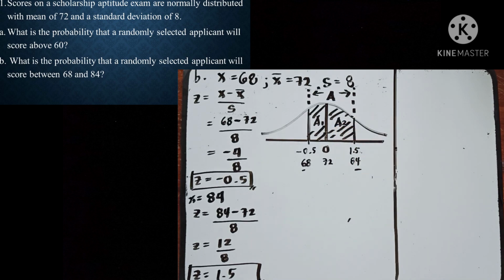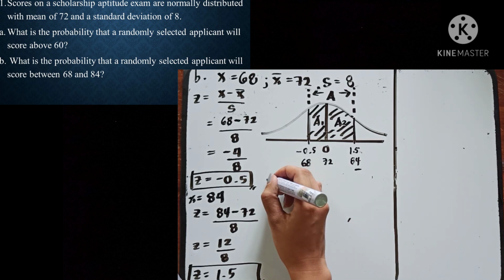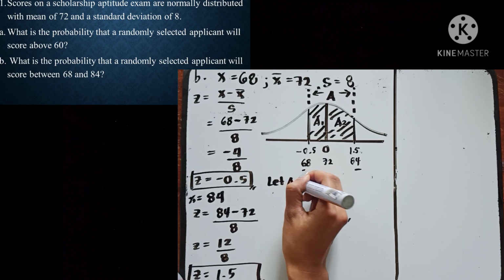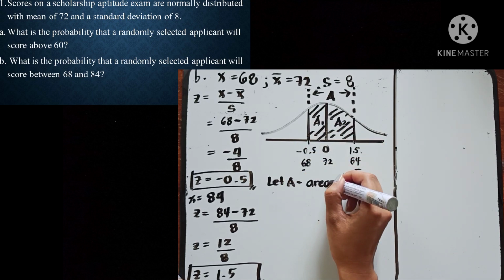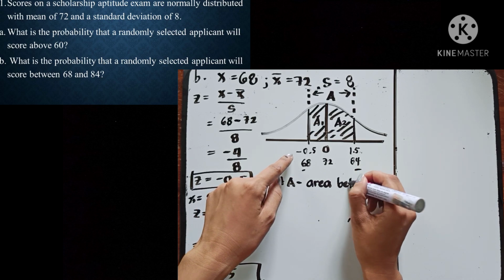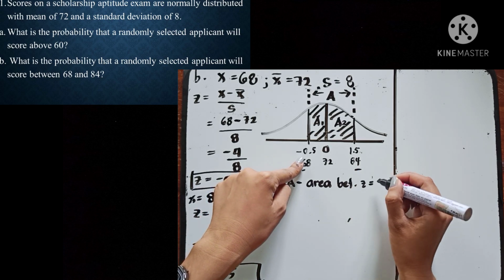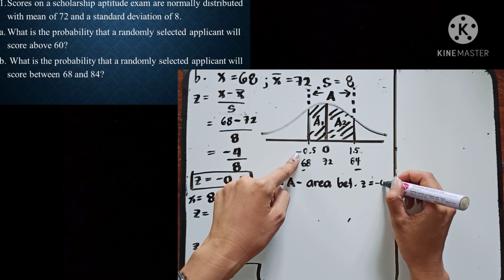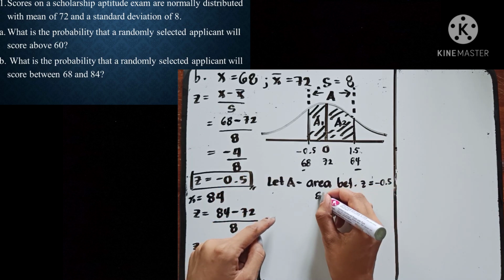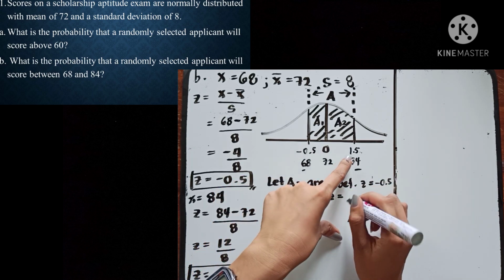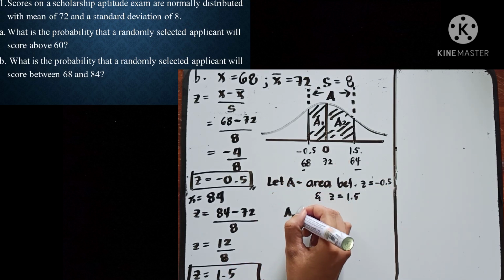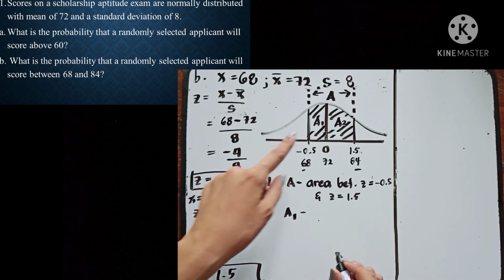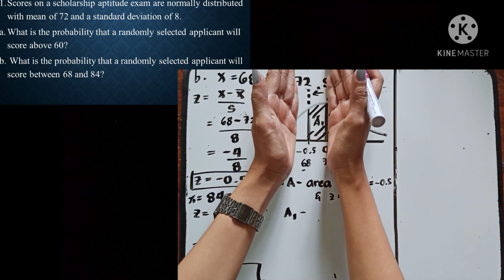Okay, so ngayon, we let A be the area between Z is equal to negative 0.5 and Z is equal to positive 1.5.